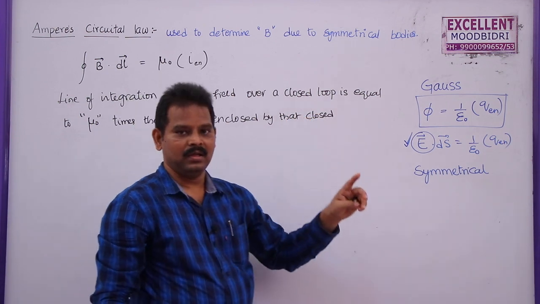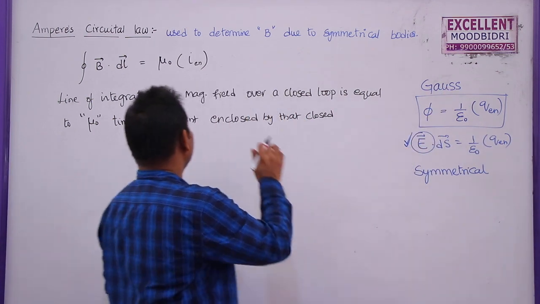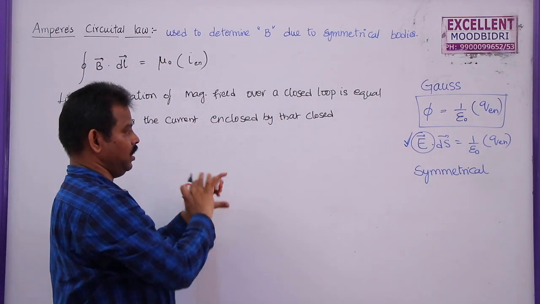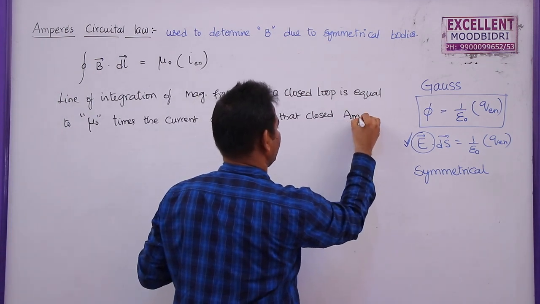In Gauss law, the closed surface is named as Gaussian surface. In Ampere Circuital Law, the closed loop is called a closed Amperean loop.